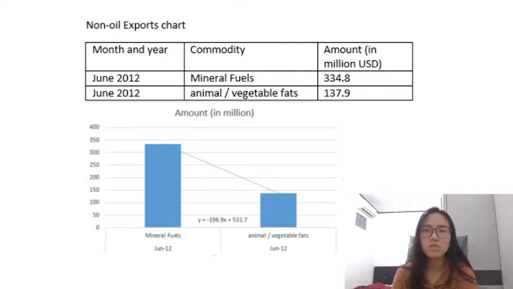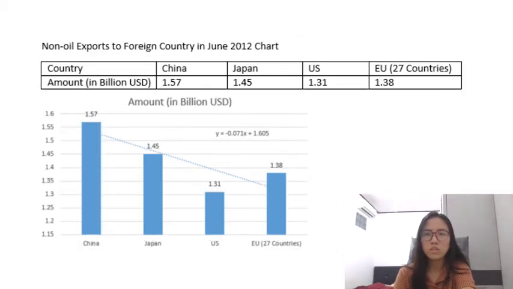In June 2012, we can discover that the benefit was about 334.8 million US dollars, while animal or vegetable fats have the greatest development in benefit, with a stunning number of 137.9 million US dollars. Exports go to three different continents, which are Asia, North America, and Europe.